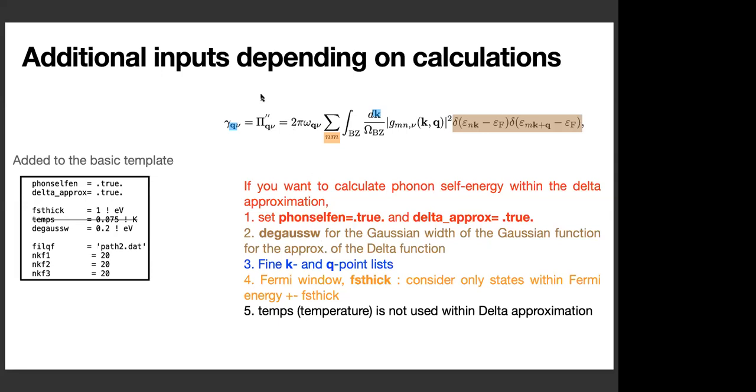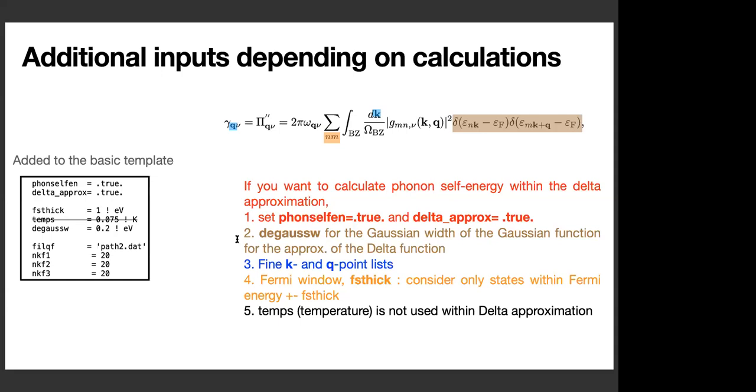And also, as you can easily see from the expression of the phonon self-energy, when calculating phonon self-energy, you need integration over k points, and also you need to sum over the band states, and also you need to include the two delta functions.